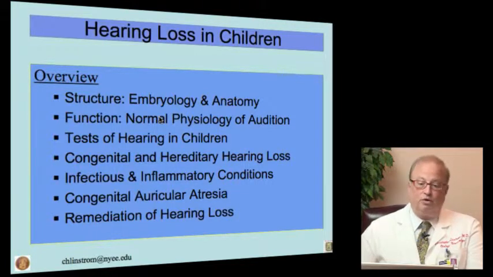So in review, we'll talk about embryology and anatomy briefly, the normal function of audition, tests of hearing in children, and some will be adults as well. Congenital and hereditary hearing loss, infectious and inflammatory causes of ear disease, but this is going to be very brief. Congenital auricular atresia, which is a very important topic, and also remediation of hearing loss. There's some really exciting things going on in hearing.